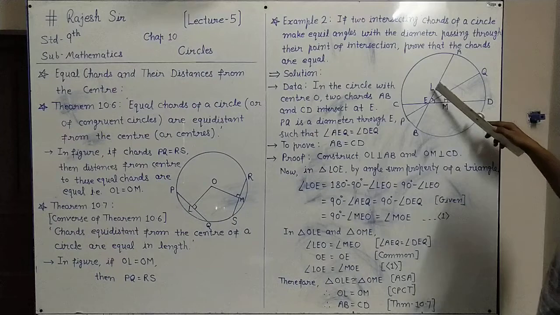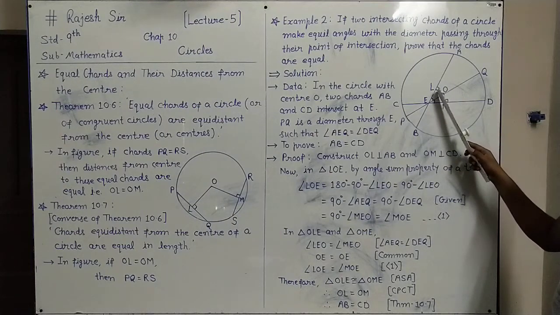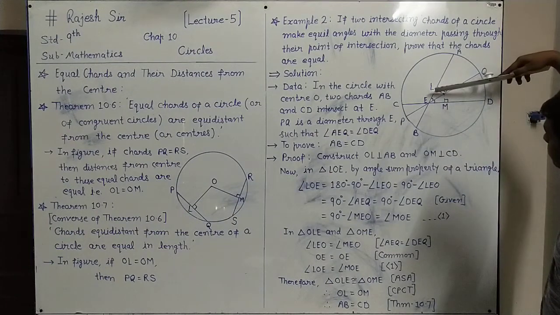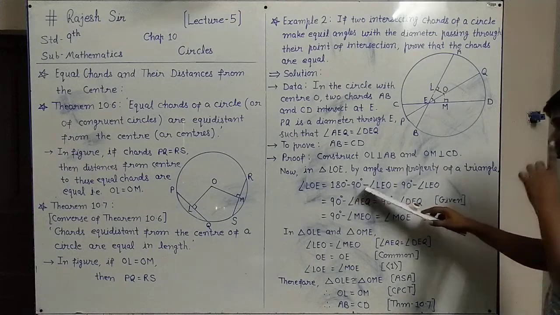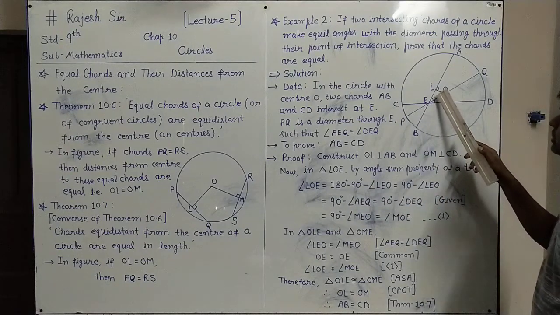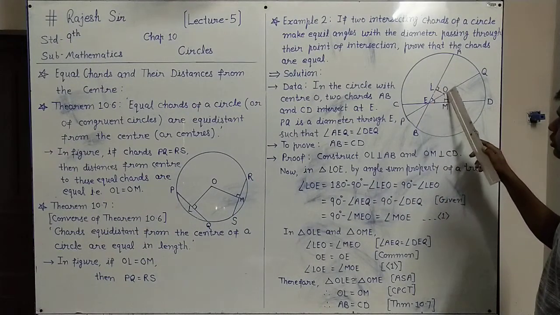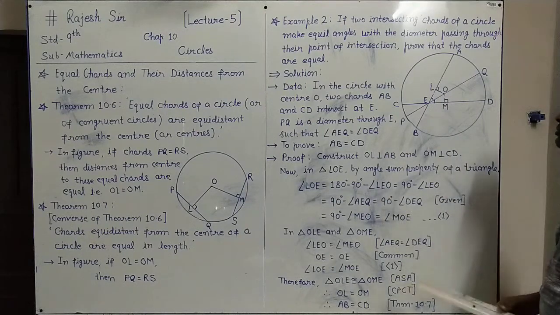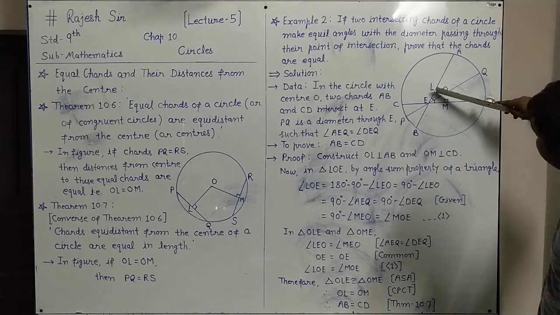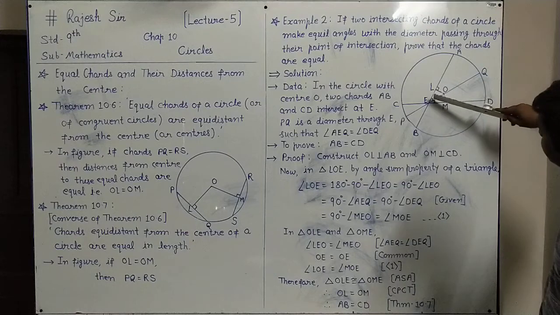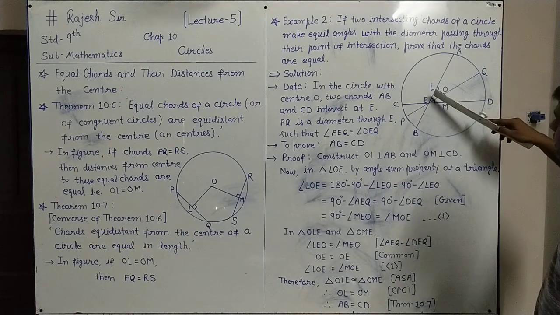You can understand this is a perpendicular drawn, so angle L will be 90 degrees, and that is subtracted here, minus the remaining angle LEO. From 180, the 90 degree angle is subtracted and this angle is subtracted.